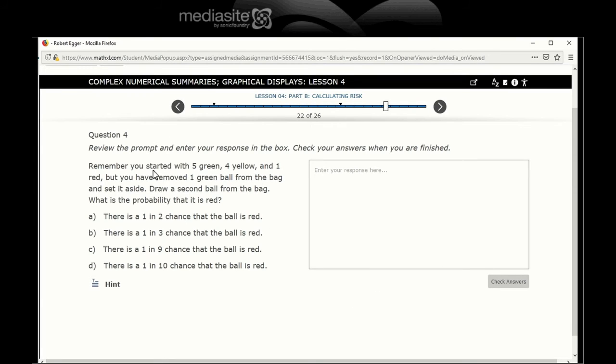Okay, 5 green, 4 yellow, 1 red. But you remove 1 green ball from the bag and set it aside. Draw a second ball from the bag. What's the probability that it is red? Oh, just did that. So we had 10 minus 1, 9 balls in the bag. Still have 1 red ball.